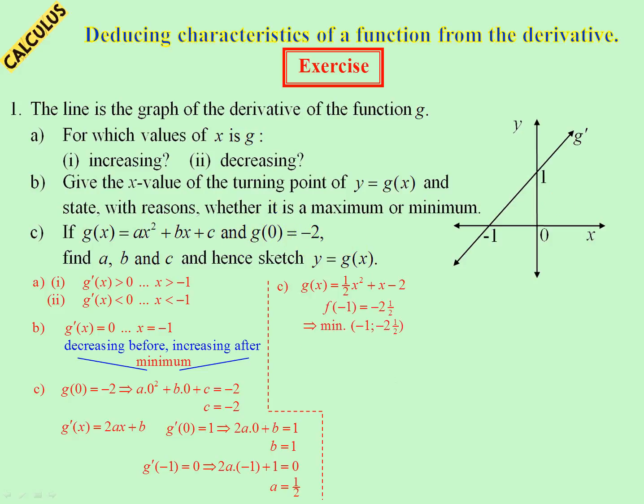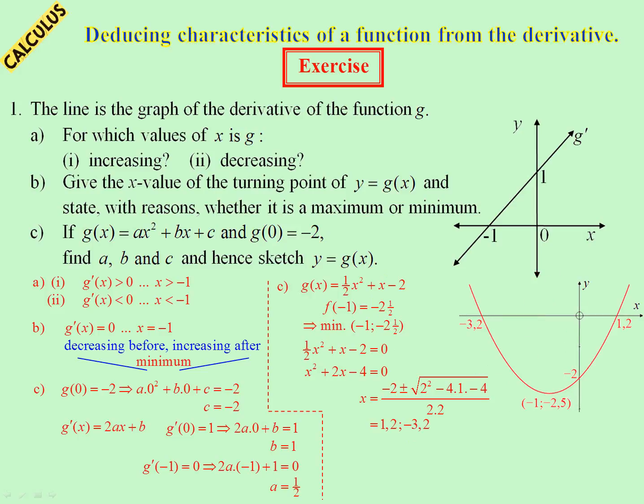So, there we are. I've substituted -1, the x value of the turning point, and we get -2.5. So there's the turning point, the stationary point of g of x. Put this equal to 0 and solve for x, and there are the x-intercepts. And that gives us our graph of g of x.